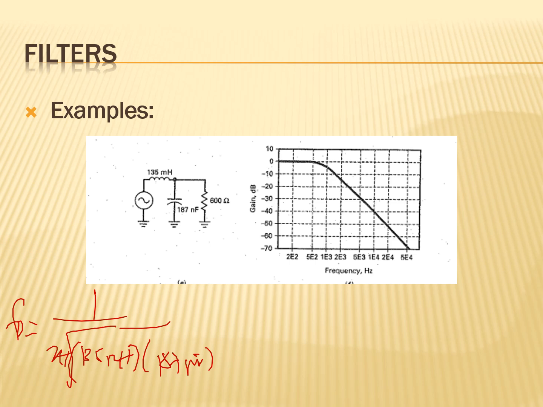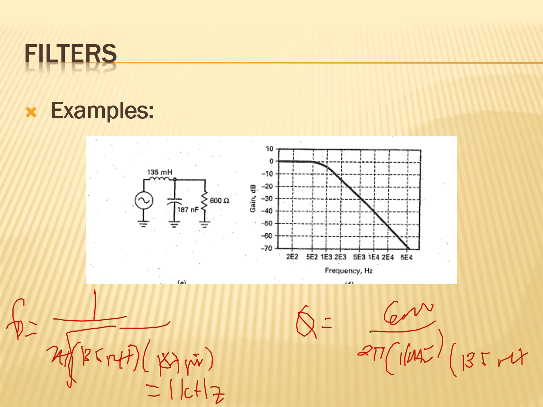Increasing again your inductance and decreasing your capacitance, we have the same cut-off frequency or resonance frequency. So solving for Q, we have 600 all over 2 pi. Again, this is still 1 kilohertz. This is multiplied by 135 millihenry.